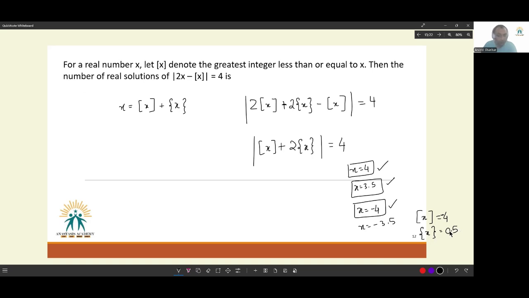This decimal portion will always be positive. So if I put in minus 3.5, I would get minus 4 plus 1, which is not equal to 4. So this doesn't work.